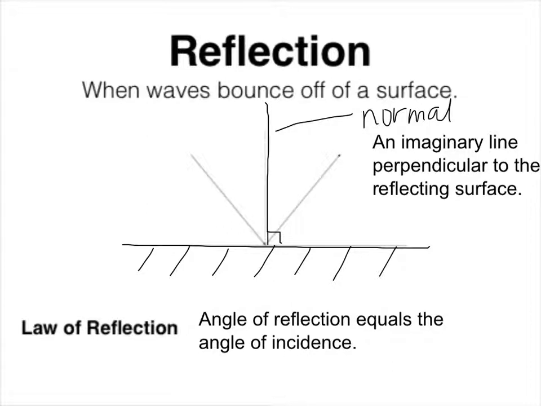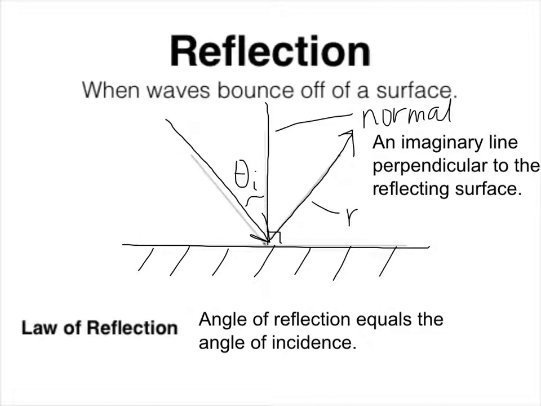When a wave strikes a surface, we call that the incident wave, and it makes an incident angle. And so the angle between the incoming wave and the normal makes the incident angle. We're just going to use the symbol theta to represent the angle, and I for incidence. Now that light wave is reflected off of that surface, and so we also have a reflected wave.